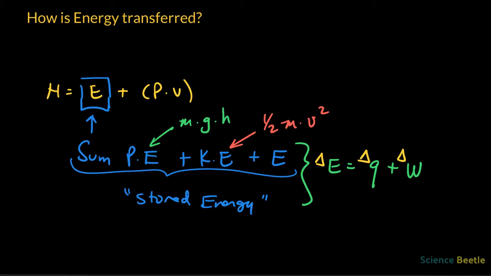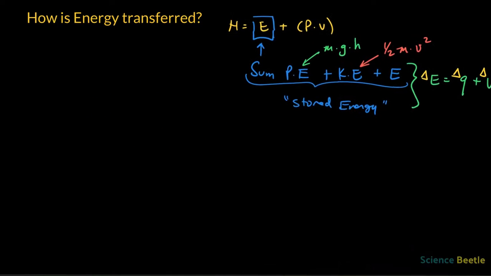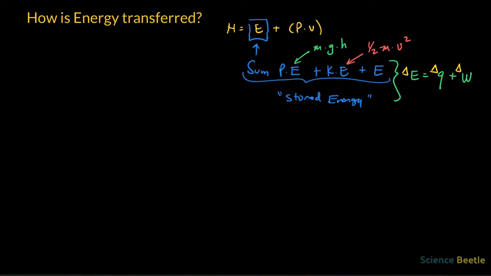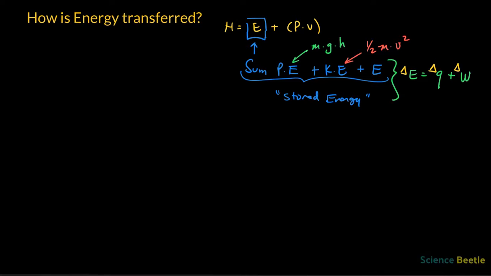And so the idea here is, let me just move this out of the way. When you consider this concept, we need to make sure that we understand that there's really three ways that energy is going to be transferred. Here I'm going to say there's three ways that this can occur.